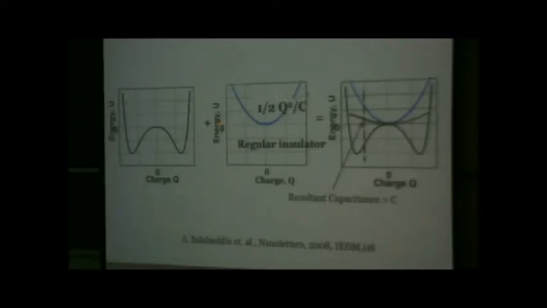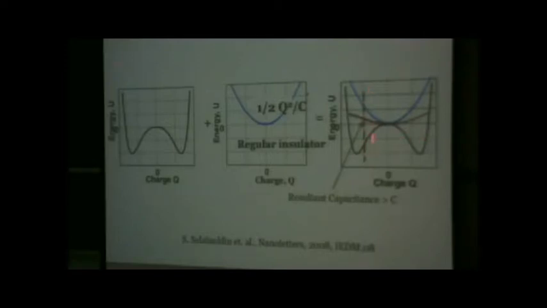And again, just from an energy idea, you can understand the stabilization. You see that if I have this black curve, which is for the ferroelectric, and this blue curve, which is for a regular capacitor, the resultant energy landscape will look like this red curve. I'm just adding blue and black.